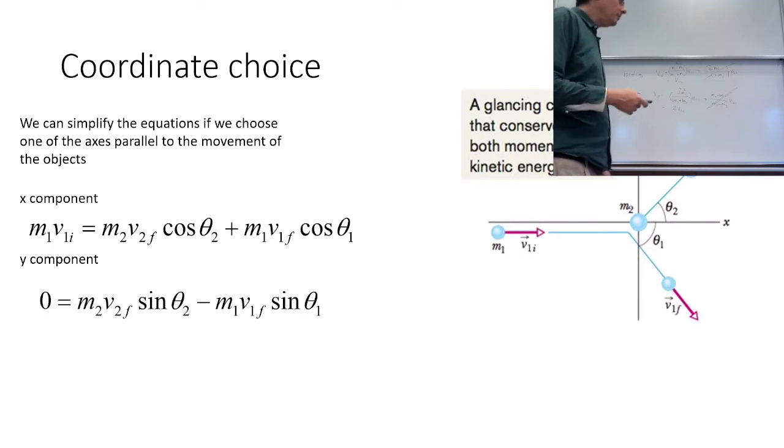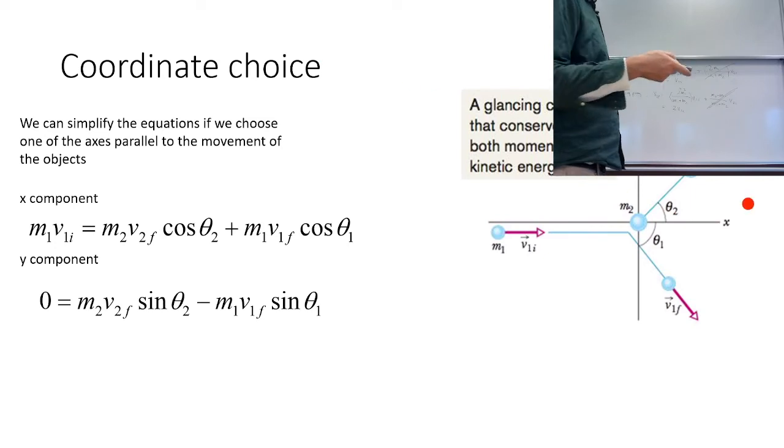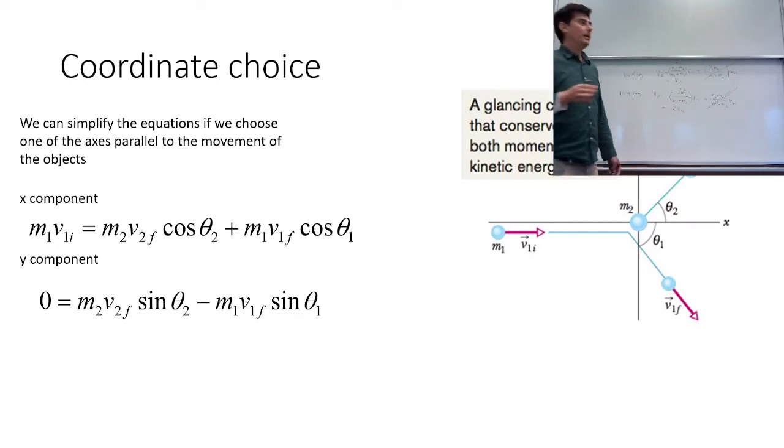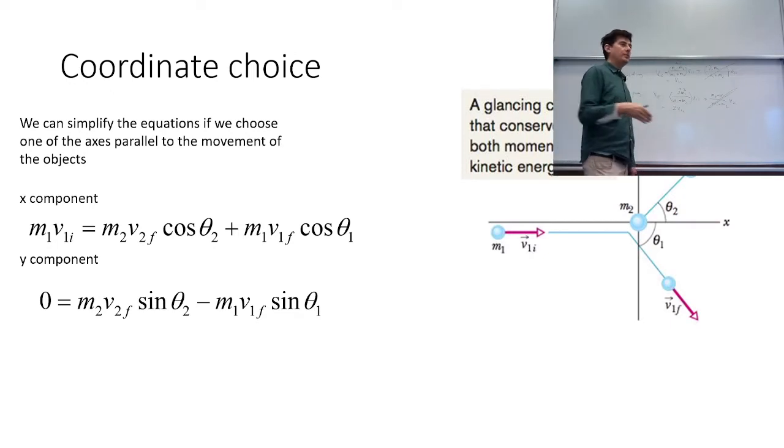If we align the x direction along the movement of the original ball, then the momentum in the y direction is initially 0.